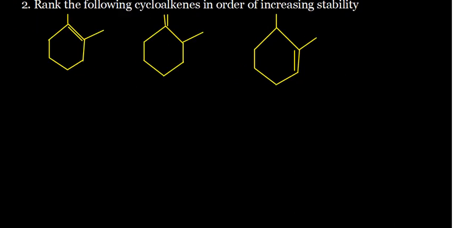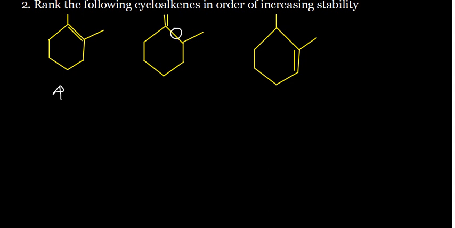Let's consider this one. Rank the following cycloalkenes in order of increasing stability. If we consider the first one, how many substitutions do we have? You can see on the double bond, we have 1, 2, 3, 4, so we have 4 alkyl groups. For the second one, this is a double bond.